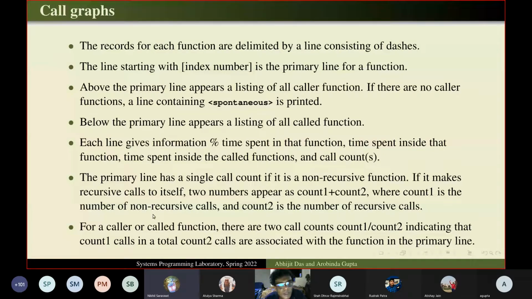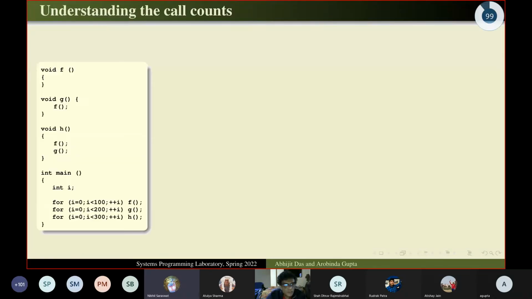So, understanding the call counts. Let's start with a very synthetic example. I have three functions, f, g, and h. H calls f and g calls f. F does something; in this synthetic example, it does not do anything. Maybe it prints something or does some calculation, just for illustrating.